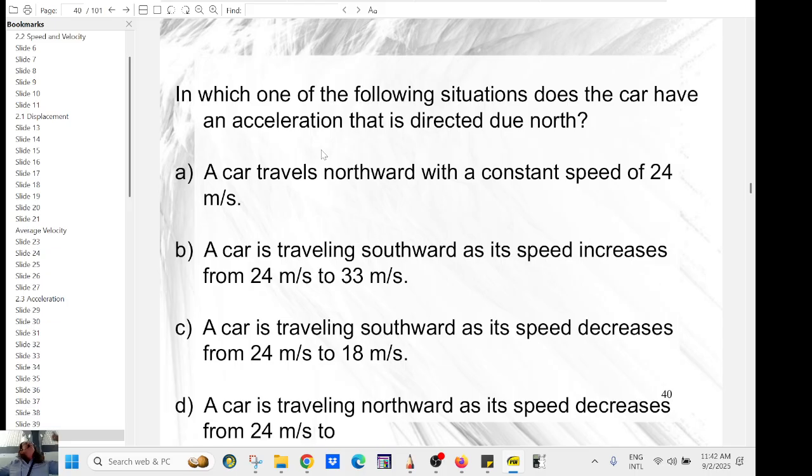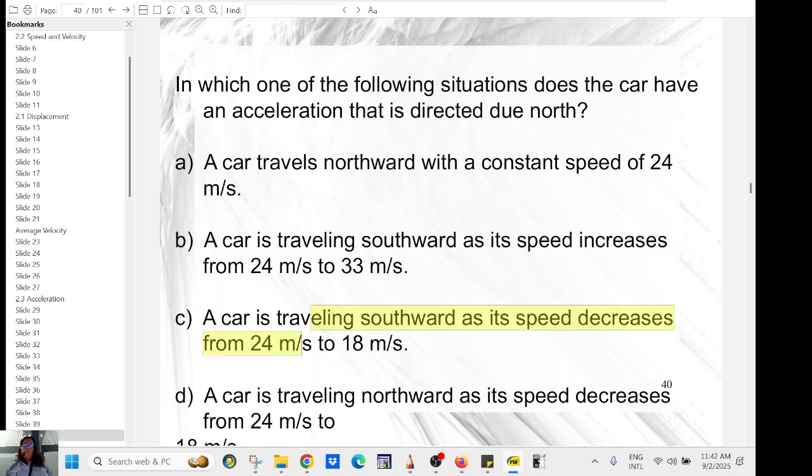So you remember velocity and acceleration: if they have the same direction, they are speeding up. If they have opposite direction, they are slowing down. So the answer is C, because if you are moving south but you are decreasing your speed, the force is opposite, right?